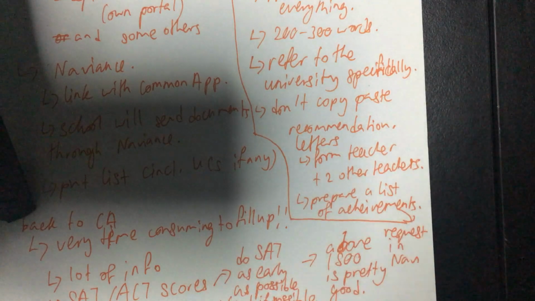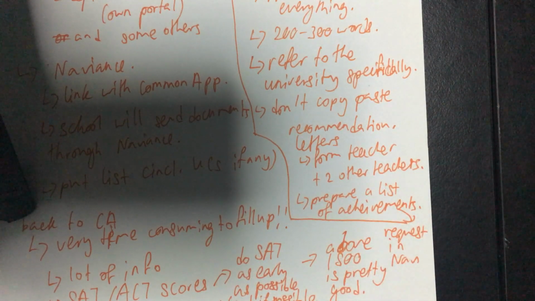Apart from the essay and the stuff that you need to fill up at the beginning, another thing that you may need to fill up in the common app is this thing called activities. They will give you 10 slots, and you can insert as many activities as you can within those 10 slots. So what are activities?